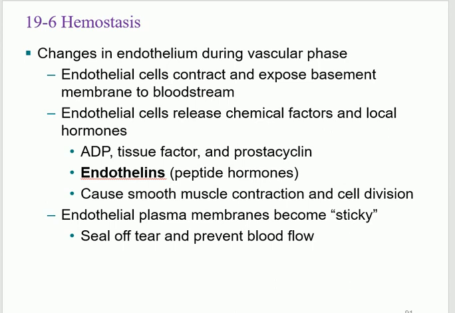That was, I think, chapter 4 or something, the different types of cells, connective tissue, and endothelium is the innermost lining of the blood vessels. This will become sticky because of these factors. When they become sticky, any platelets coming will stick themselves. So that will lead to the next one.